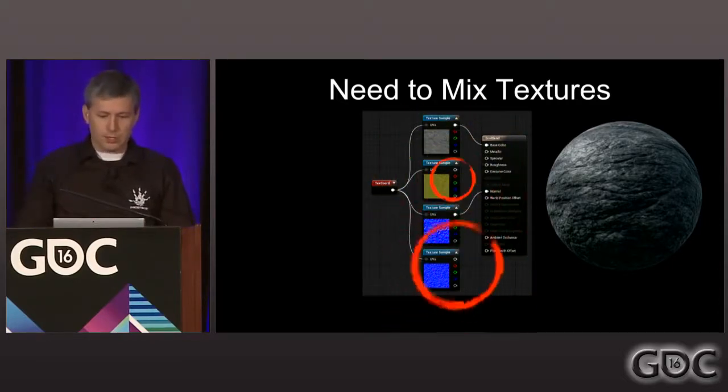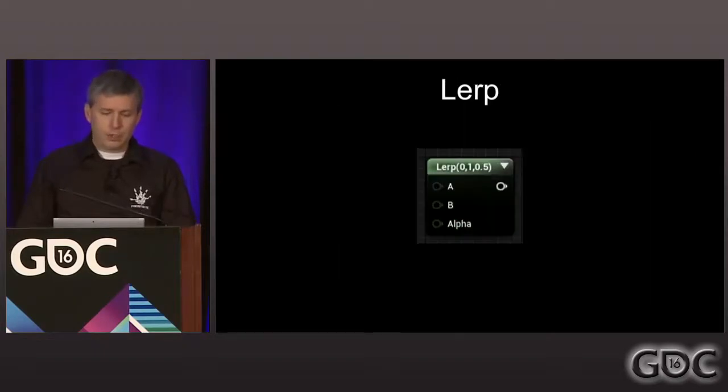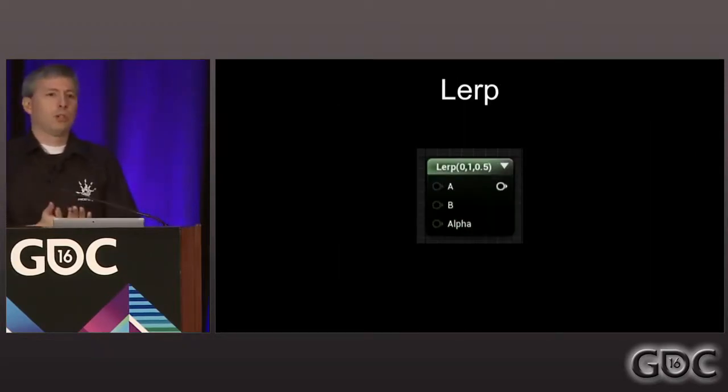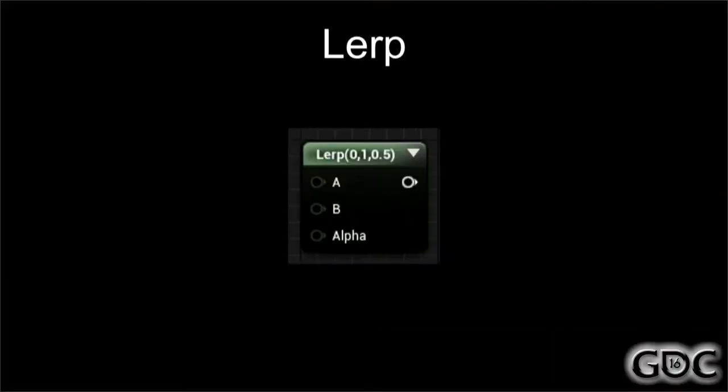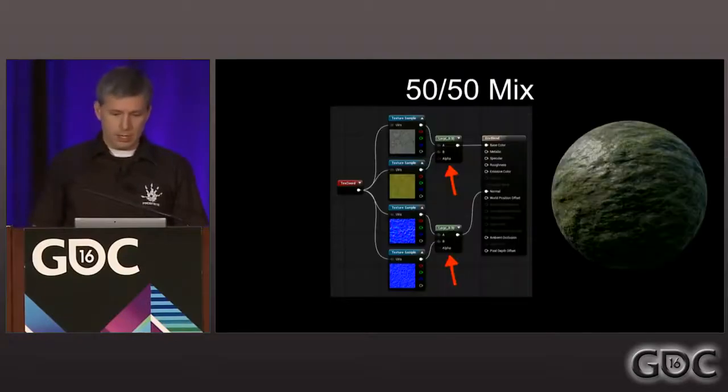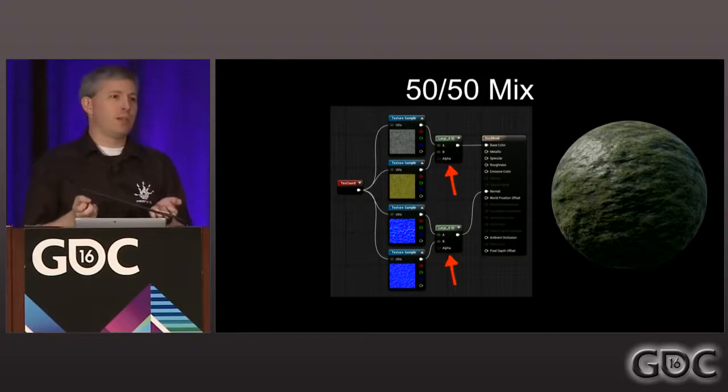You can see these two textures aren't yet connected. So we're going to introduce a new node called LERP. LERP stands for linear interpolation, and it's basically a blend. I can blend between two different things and get a result that is a nice mix of the two of them. The most basic way to use this is to just plug both textures into it.